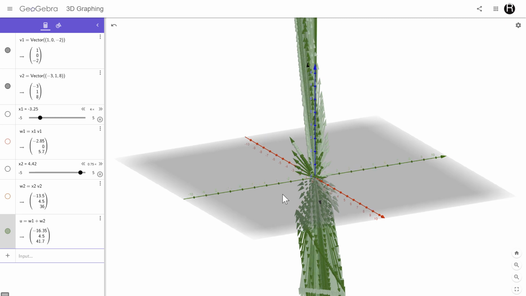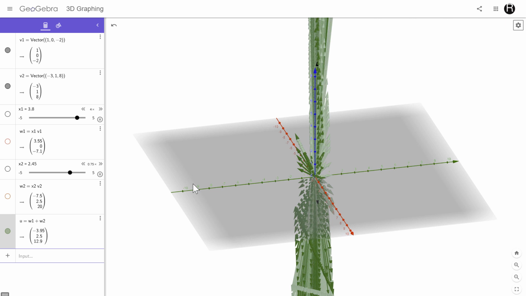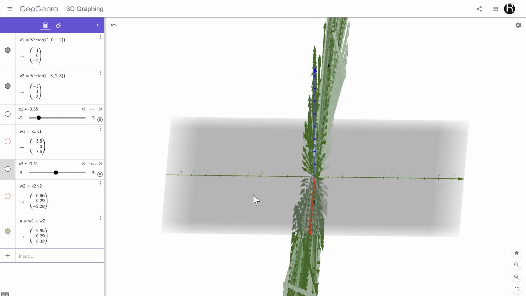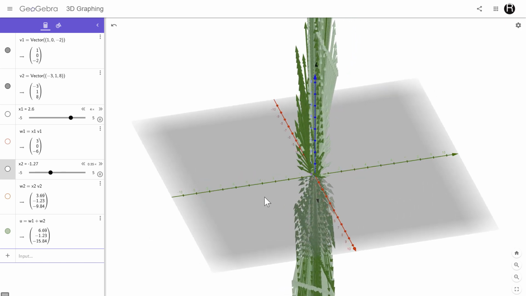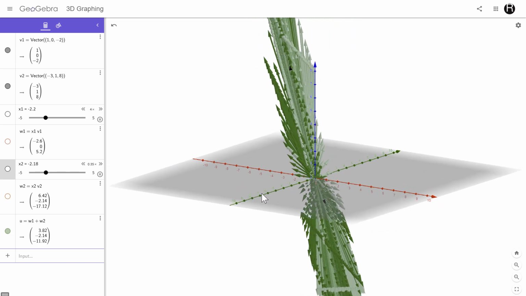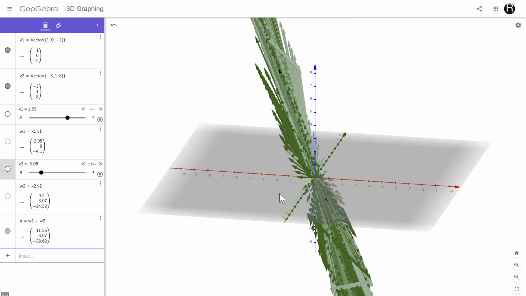In 2 dimensions, we saw that we were able to generate the whole span of things, because the 2 dimensions is exactly the plane. It's the XY plane. In 3 dimensions, trying to picture the plane is a little bit different.